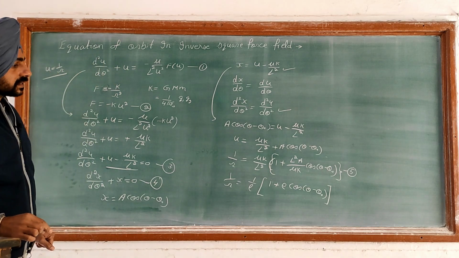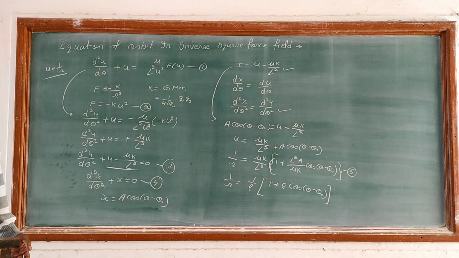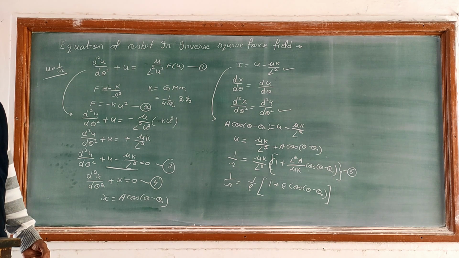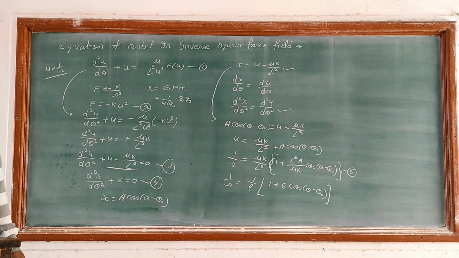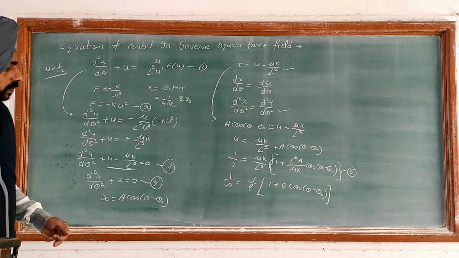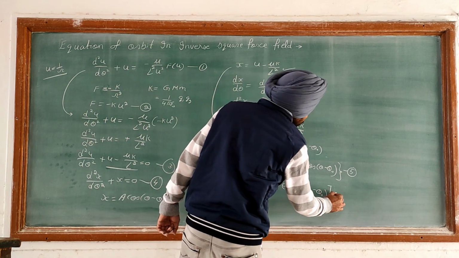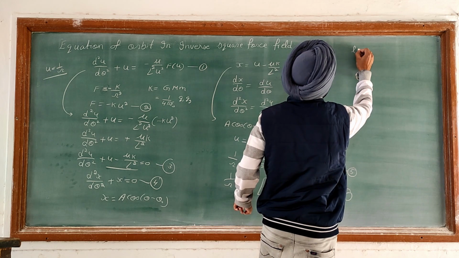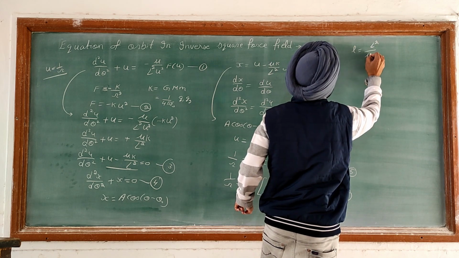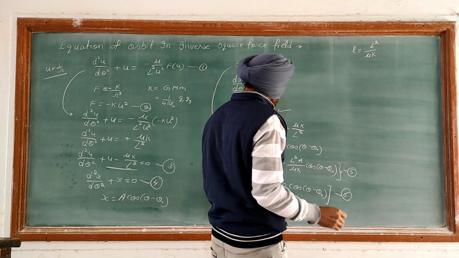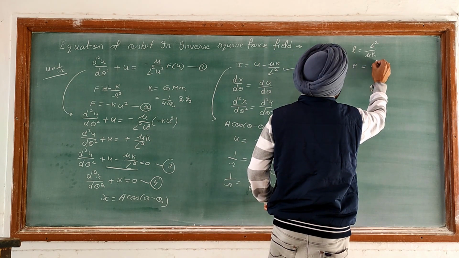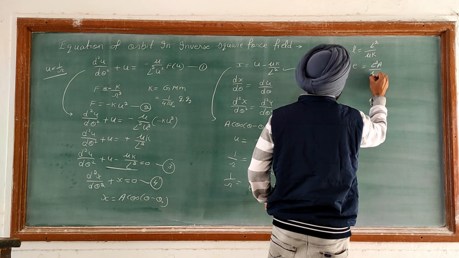This eccentricity specifies the trajectory of the conic. And from these two expressions 5 and 6, if we compare, we have this small l equal to L square upon mu k, and this small e, eccentricity, equal to L square A upon mu k.